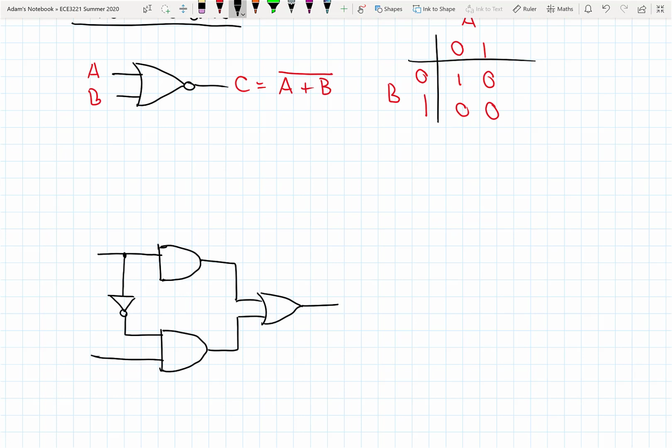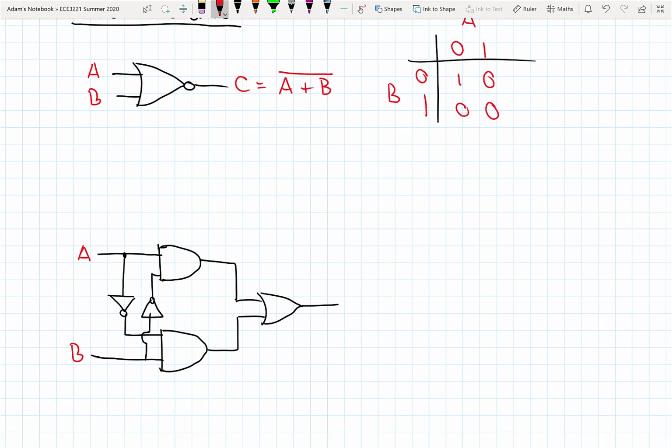So B input and the inversion of B input. Okay, so we've got A, B.